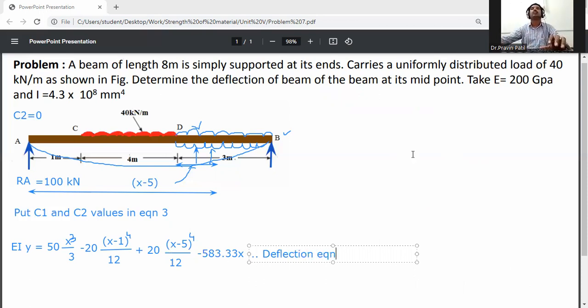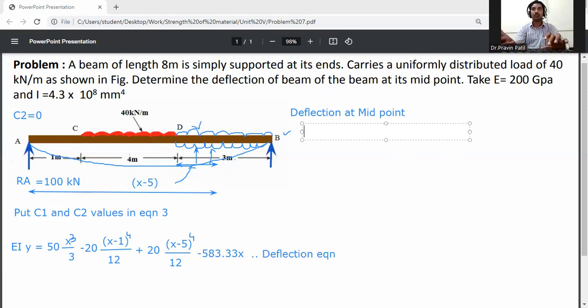So question 1 is to determine the deflection at midpoint. Deflection at midpoint means, the total span is 8 meter, so at 4 meter.